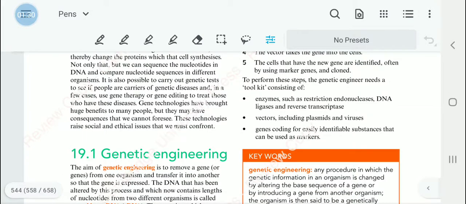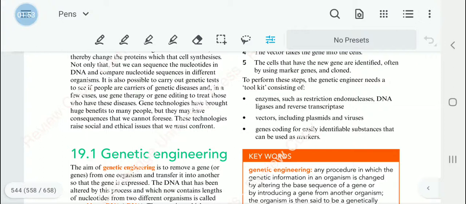We can study nucleotide sequences, change them, and carry out genetic tests to identify if people are carriers of genetic diseases. We can also do gene therapy or gene editing for those who have these conditions.